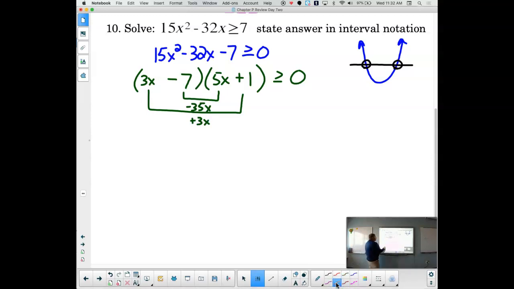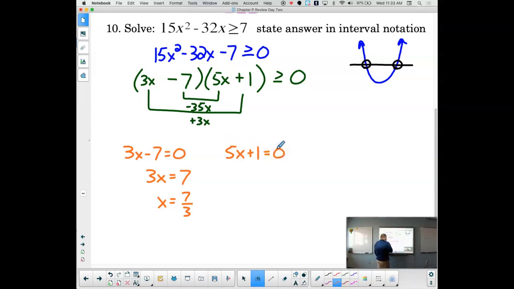Okay? So I can go now 3x minus 7 equals 0. So 3x is going to be 7. So x is going to be 7/3. 5x plus 1 is going to be 0. So 5x is going to be negative 1. So x is going to be negative 1/5.